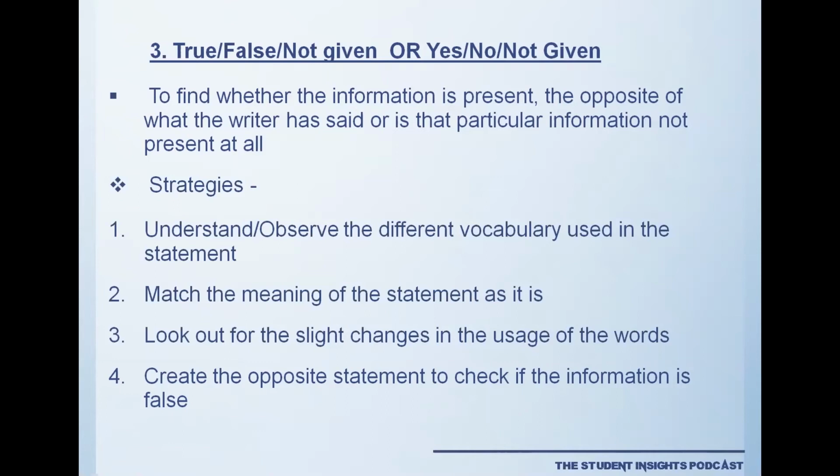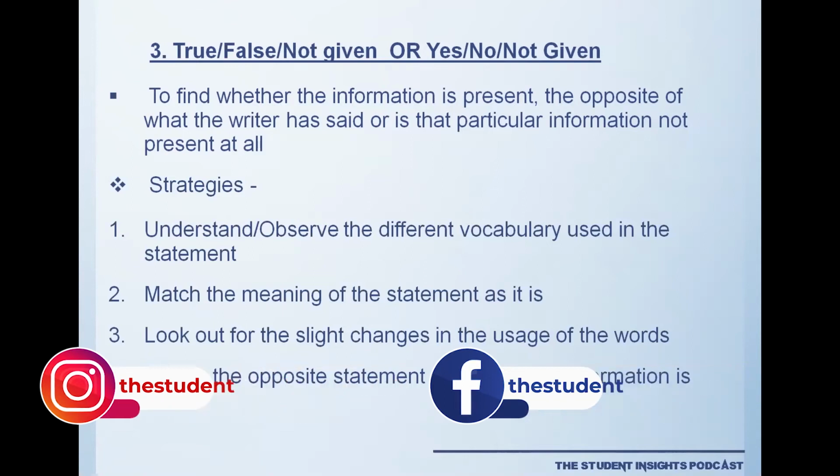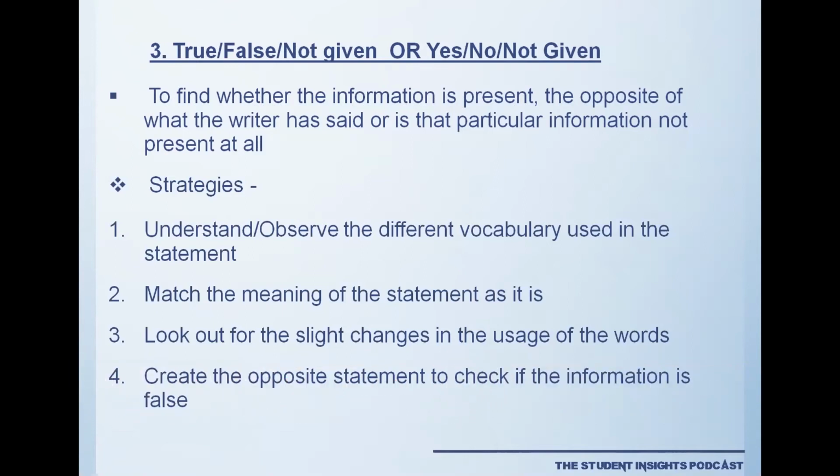So let's look, because what basically this is about is, in this question you have to actually look at whether the information that is being presented is opposite to what the writer is saying, or is it not actually present in the given passage. So the kind of strategies you need to involve in this is, firstly you have to observe the different kind of vocabulary that is being used in the statement, that is the question itself.